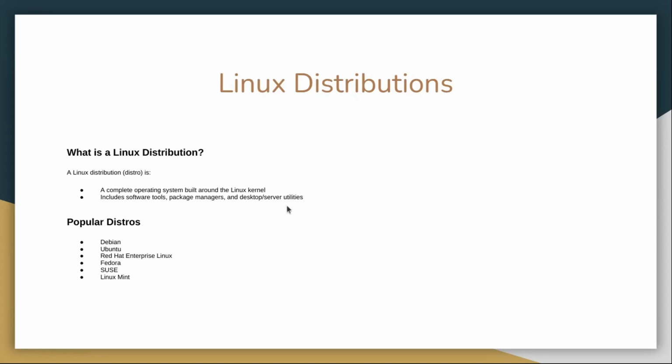The most popular Linux distributions are Debian, Ubuntu, Red Hat Enterprise Linux, Fedora, SUSE, Linux Mint, and Kali Linux. There are hundreds of Linux distributions in the market, but these written here are the most famous among all of them.